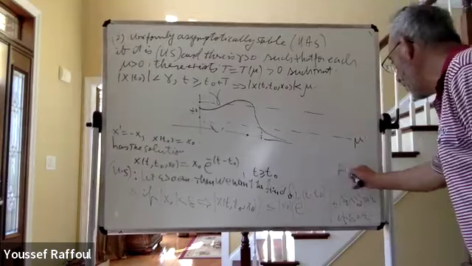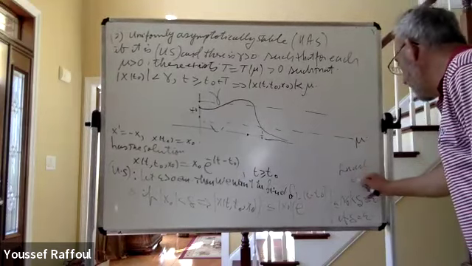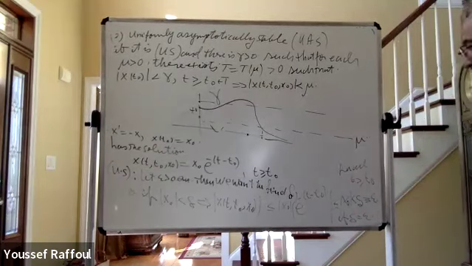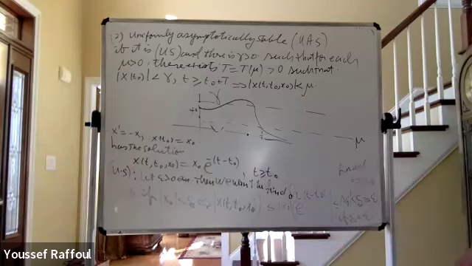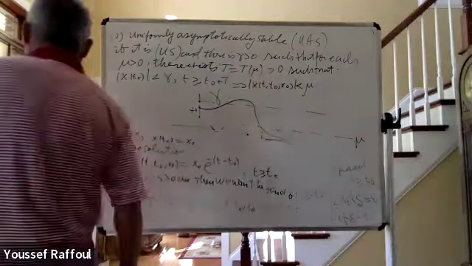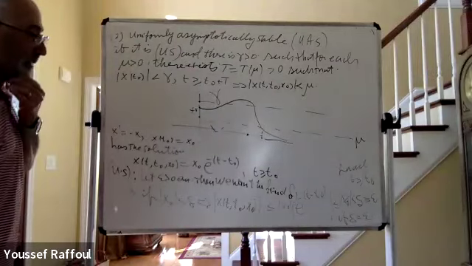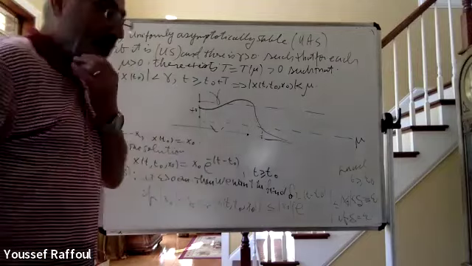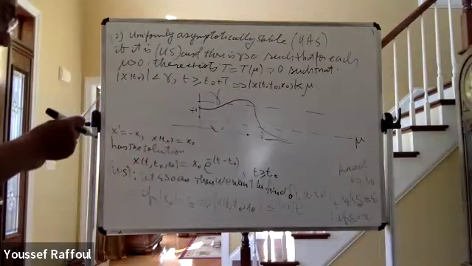And this is for all t bigger or equal to t naught. So it's uniformly stable. If we choose delta equal epsilon, we get that. All right. Now we need to show it's uniformly asymptotically stable.